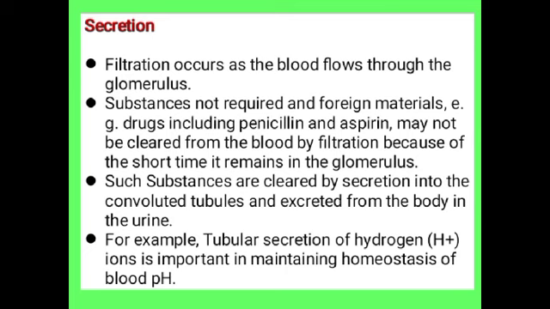So there are substances that may not be needed in the blood, but still have not been filtered due to the limited time. These substances are going to be excreted from the blood through secretion. We've been given an example here: tubular secretion of hydrogen ions is important in maintaining homeostasis of blood pH.